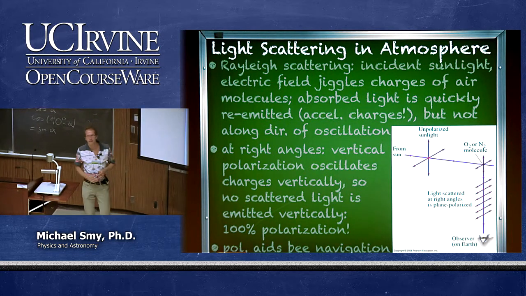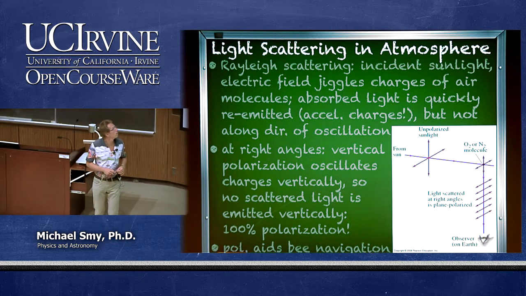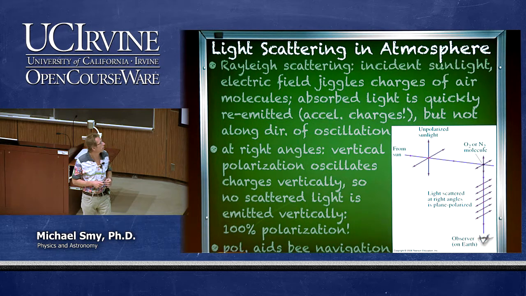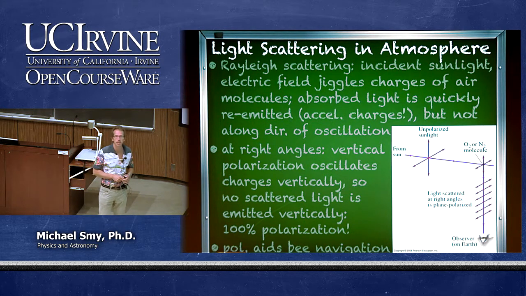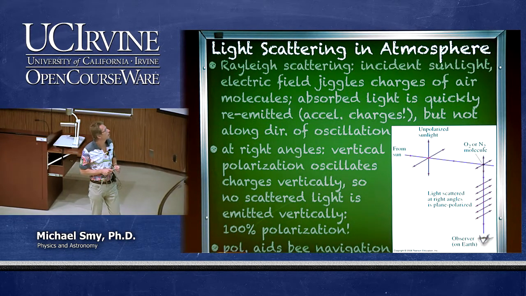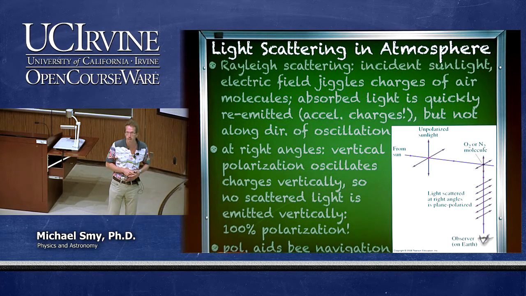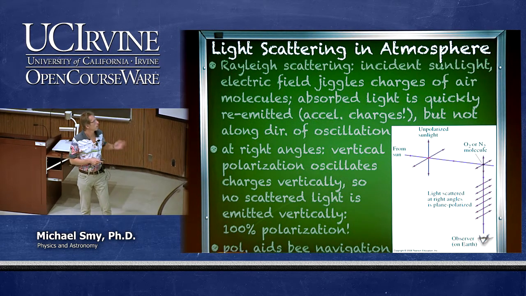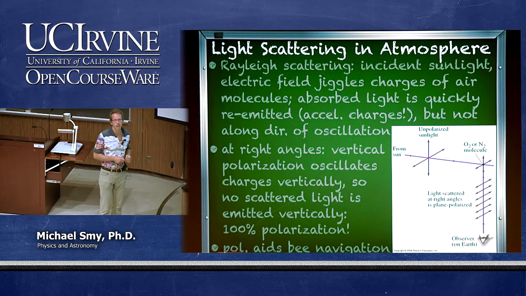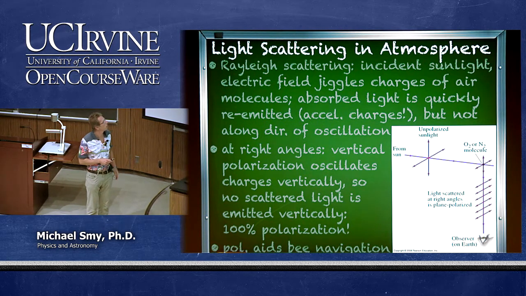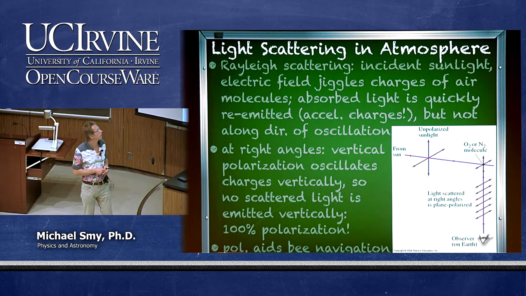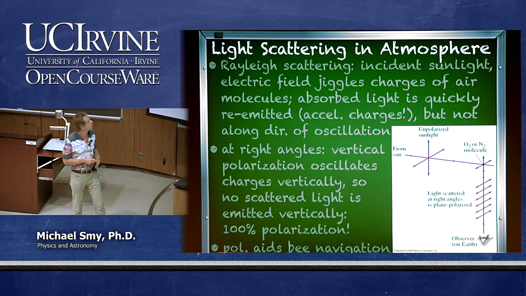So another aspect of polarization is if we look at Rayleigh scattering of light in the atmosphere. So if light passes through the atmosphere, it impinges on the air molecules in the atmosphere, and it jiggles the charges of those molecules, and then often the molecules re-emit the light, but in a different direction, and that is called light scattering.